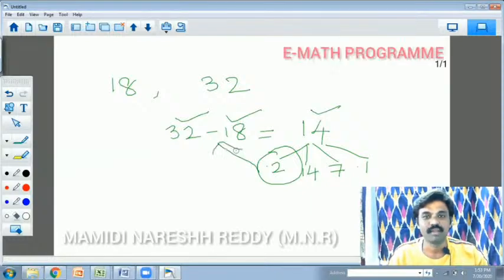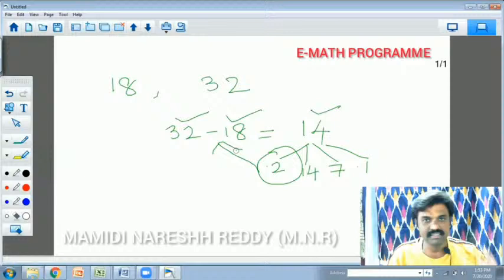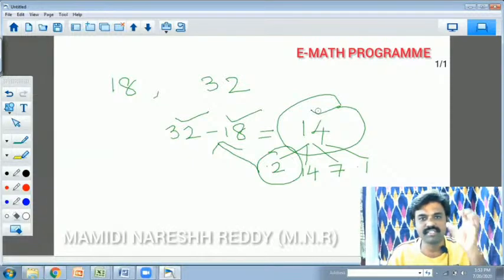The point is, in this case, if the difference is not a factor of the given two integers, then we need to factorize the difference and select the common factor that must be a factor of 32 and 18.